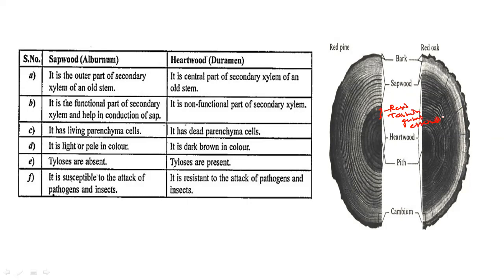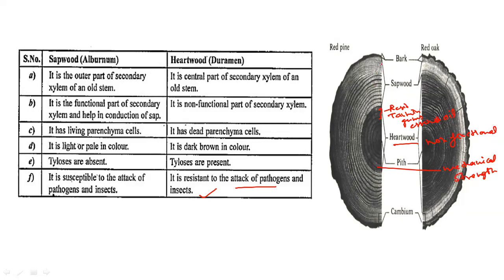So this portion is resistant to the attack of pathogens and insects. It is made up of dead parenchymatous tissue. It is non-functional, so it doesn't conduct water and minerals, but it provides mechanical strength to the plant.